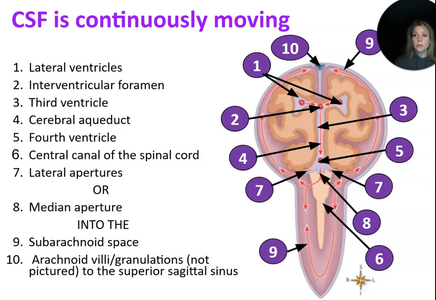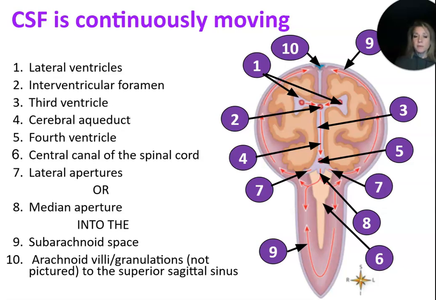The spinal cord has a tiny hole that runs down the whole length of it, and it too is filled with cerebrospinal fluid. After the fourth ventricle, it could either go into the central canal or exit to the outside of the brain through number seven, the lateral apertures. Or it can bathe the dorsal side of the spinal cord by exiting through a small hole labeled number 8, the median aperture.